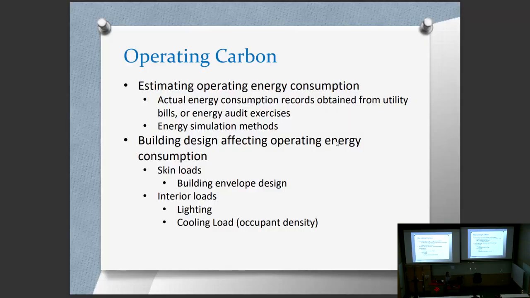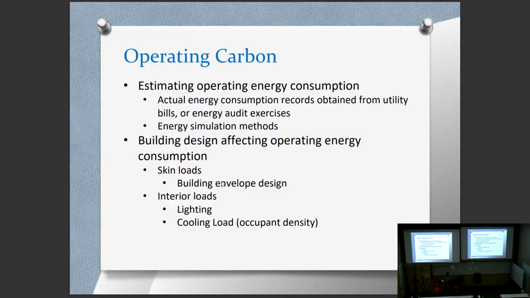Building design affecting operating energy: whether you use a high or low U value of the building fabric, and then the window size, the building services system. So all these will affect the operating energy.